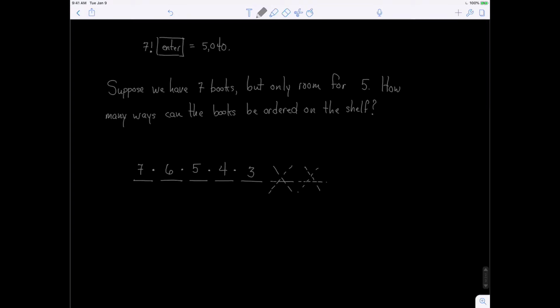The number is nice, and we can do that really quickly, but we'll come back to the final number in a moment. Notice that we didn't have the 2 and the 1 out over here. In other words, it's like a stopped factorial.